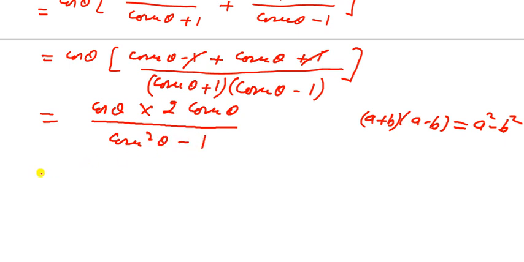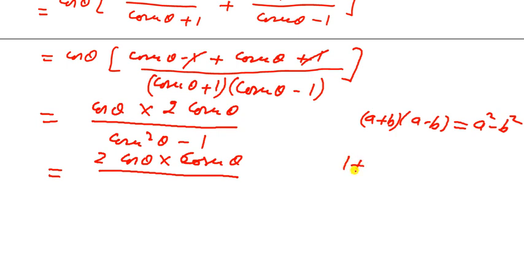in down, that is the denominator, it is a plus b and a minus b. As you know, a plus b and a minus b is equal to a square minus b square. So we can write here, it is cosec square theta minus 1.